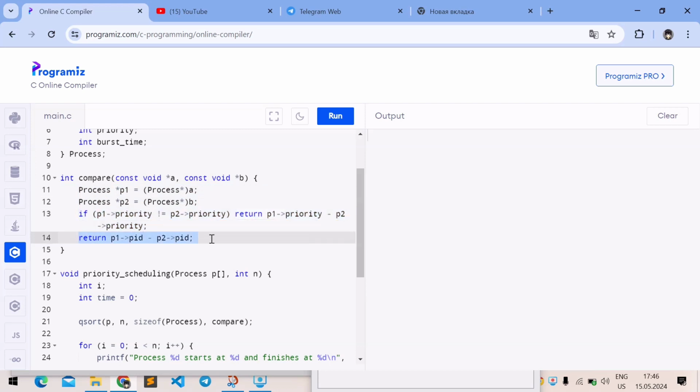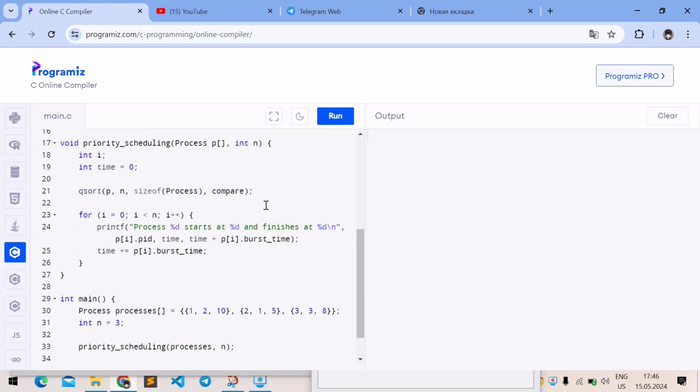If the process priorities are equal, it will sort by PID. For example, we have 2 processes with priority value 1, and their PIDs are 1 and 2, and it will return the process with the least PID.